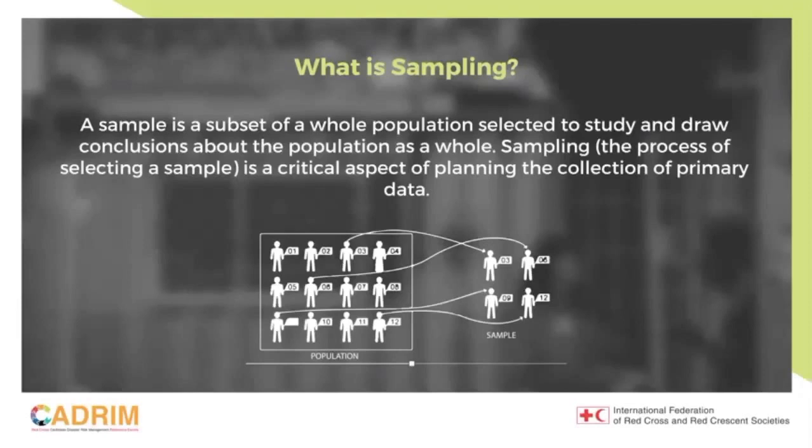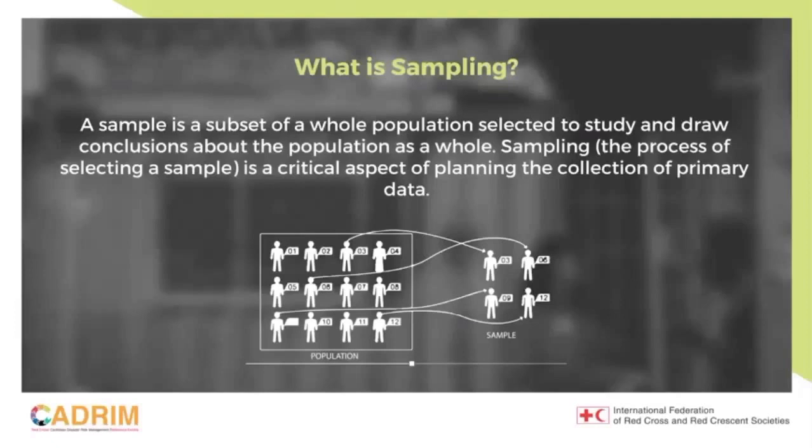In other words, it's a specific group of people from the entire population that we select as the ones that are going to provide information that will lead us to elaborate conclusions about all the people that are part of the areas that we want to study. And sampling is the process that we follow to select that sample, that group of people.